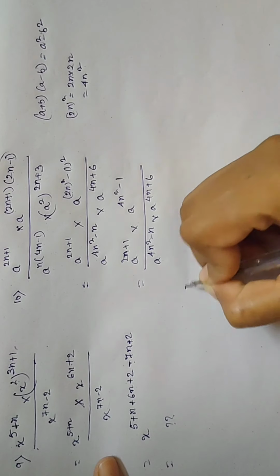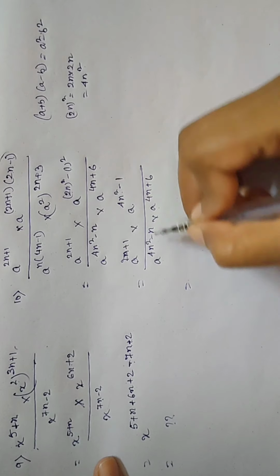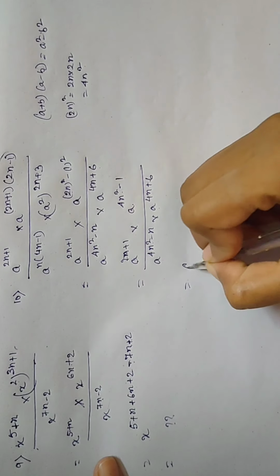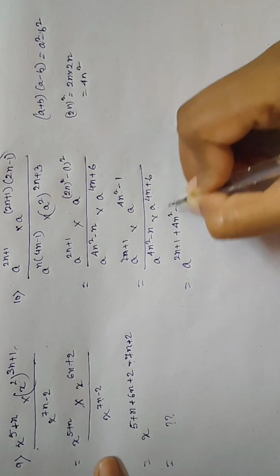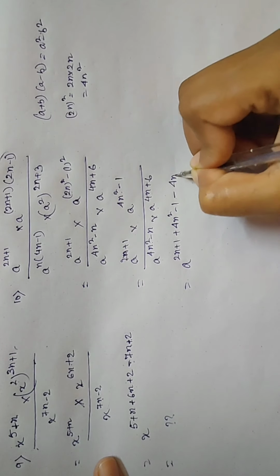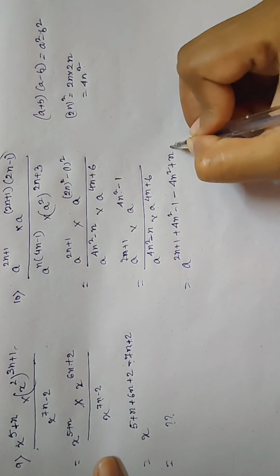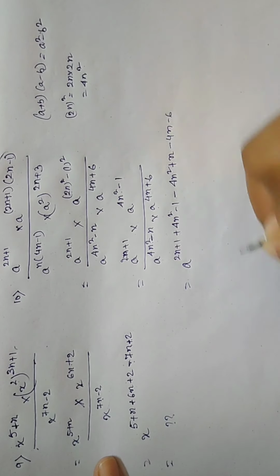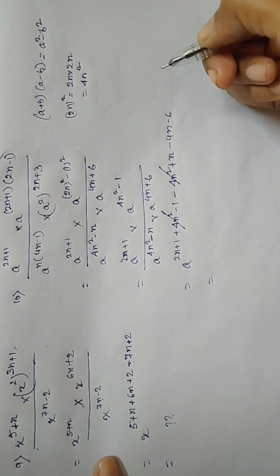Now since all the bases are same, this will be added up and this will be subtracted. A to the power 2n plus 1 plus 4n square minus 1. Now minus 4n square, don't forget to change these signs. Minus 4n minus 6. So this 4n square gets cancelled out.